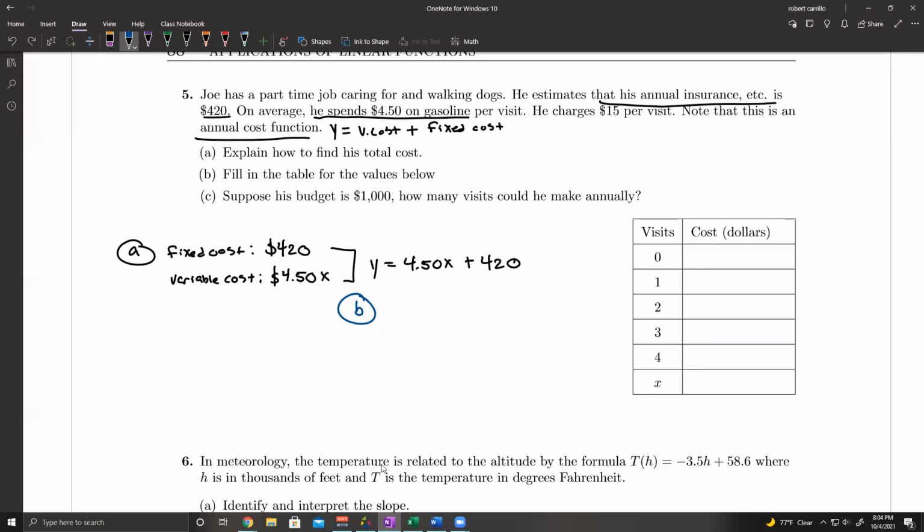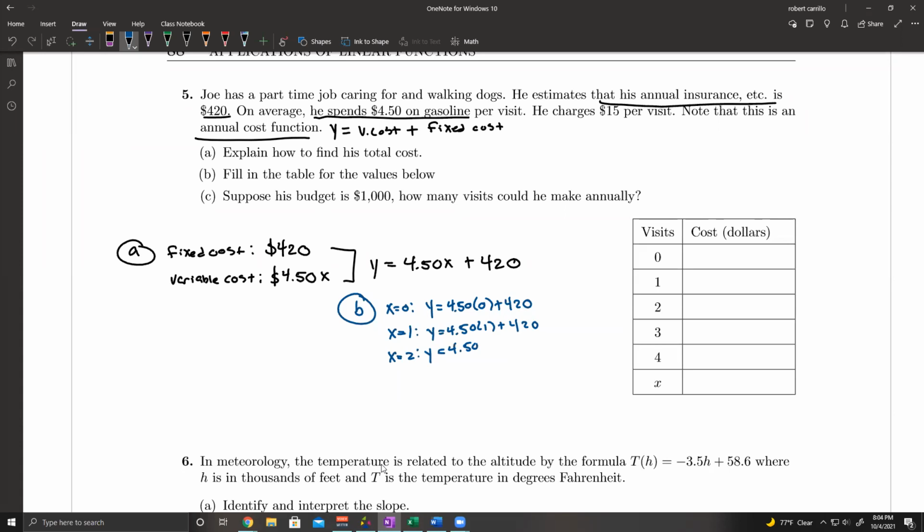So if we start at 0, when x is 0, you get y equals 4.50 times 0 plus 420. And then when x is 1, you get y equals 4.50 times 1 plus 420, and so on and so forth until we get to 4.